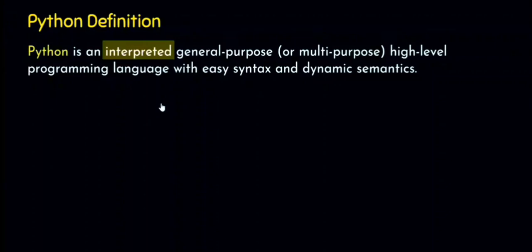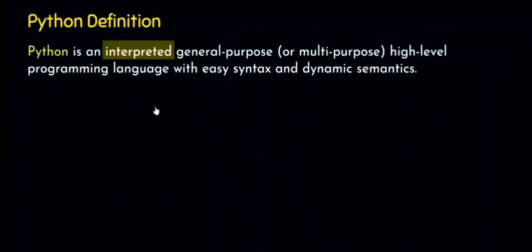Compiler and interpreter are translators. They are used to translate the code written in one programming language to the code written in another programming language. This is what we need to understand. Python is an interpreted programming language, and this means that Python uses an interpreter for its translation.